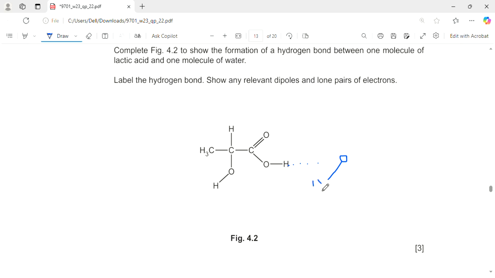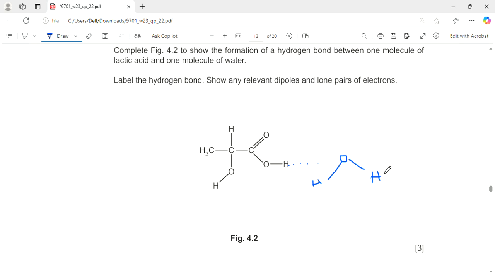Hydrogen, yes, and hydrogen like this. I'm just drawing it for information purposes only. Please make sure to draw the correct order in the diagram. It's not a very fine drawing, but it's a correct diagram. So please try to draw a neat and clean diagram.